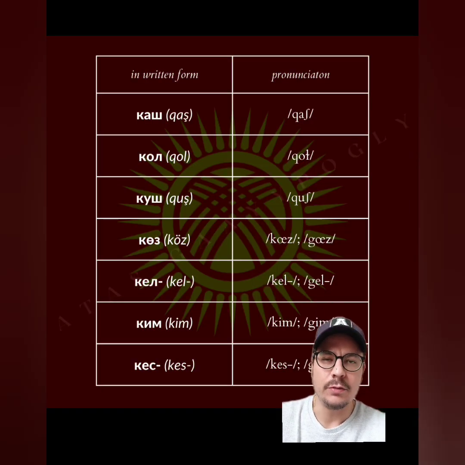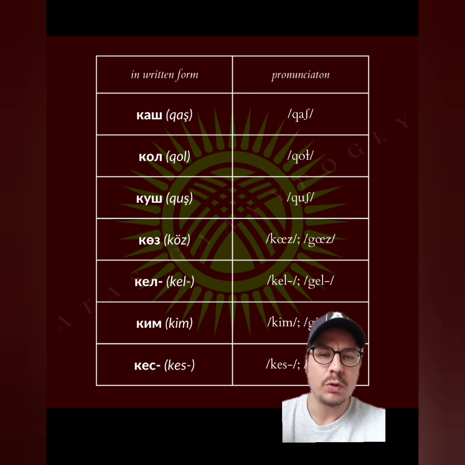Okay, Kyrgyz language. Same words, same meanings. Just one difference is the second word, kol. In Oghuz languages, kol means arm, but in other languages like Kyrgyz, Kazakh, Uzbek, it means hand and arm both. Let's go. Kaş, eyebrow. Kol, hand. Kuş, bird. Köz or göz.